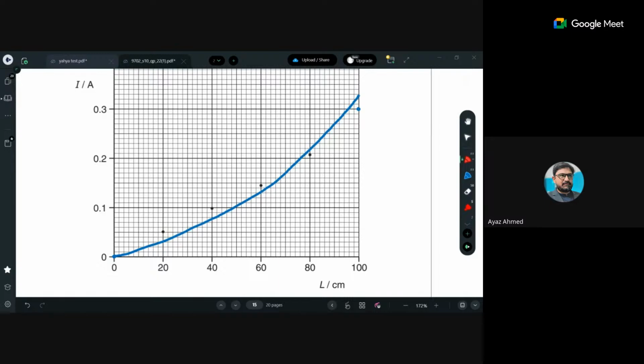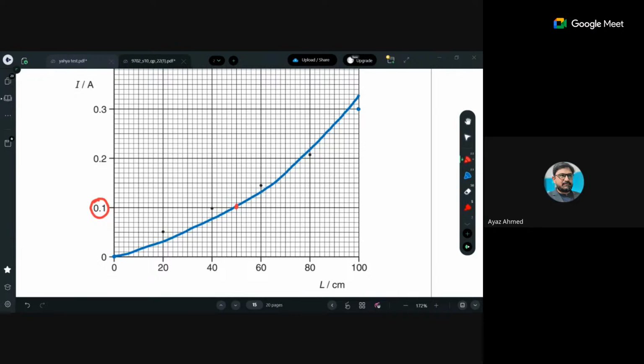It's 50 centimeter. So when the length is 50 centimeter, your value is almost this. So your answer can be equal to 0.1 ampere, according to this line of best fit.